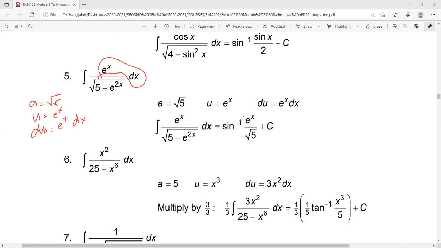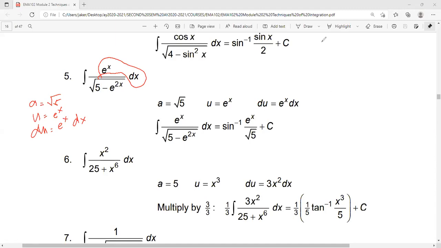So the arc sine of u, which is e raised to x, over a, which is square root of 5. It need not be a perfect square. So in that case, you have already square root of 5. That's for the integrals yielding the arc sine.